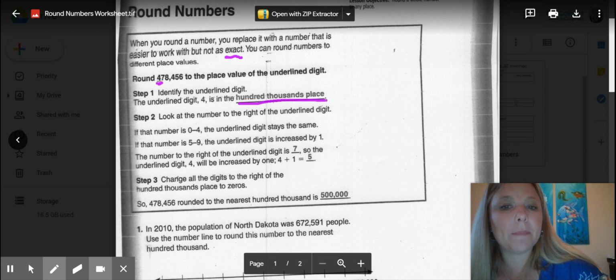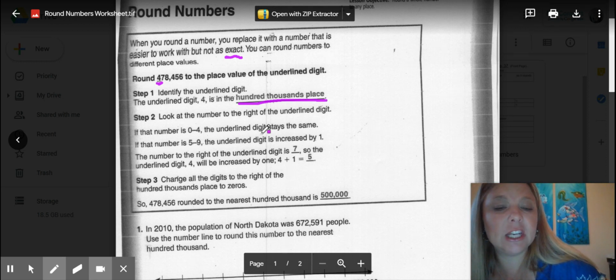Step 2, look at the number to the right of the underlined digit. So you're looking at the neighbor. If the neighbor is a number between 0 and 4, the digit that's underlined stays the same. If the number to the right is between 5 and 9, the digit that's underlined needs to increase by 1 because that place value is moving up.